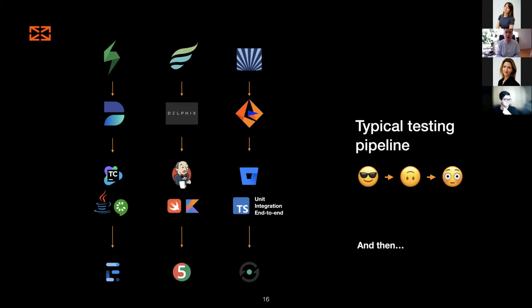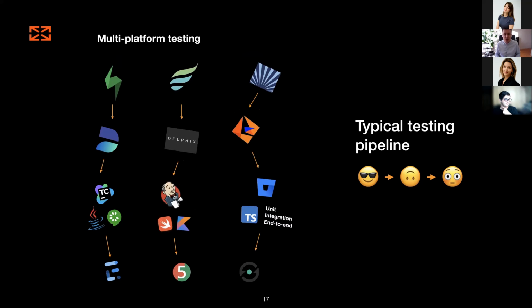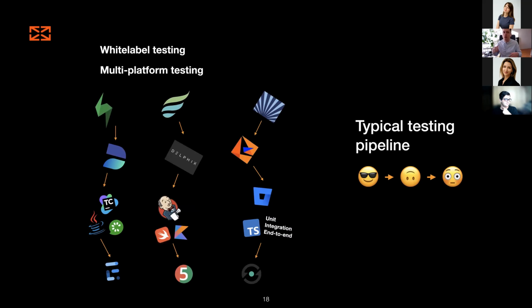When your product is already released and it's popular and you have a lot of users and maybe even positive feedback on your product. So your project is evolving, and then suddenly you have multi-platform testing. That means that you are testing the same product, but on different platforms with different configurations. Then you may end up going through white label testing.